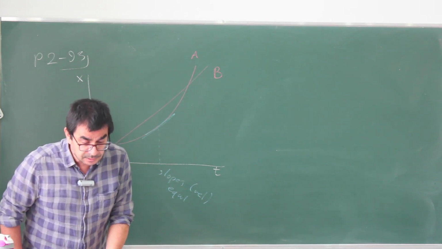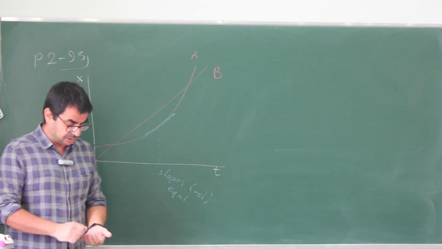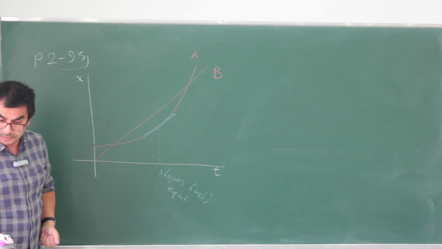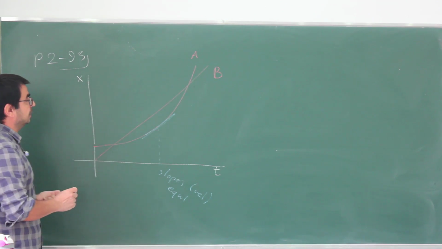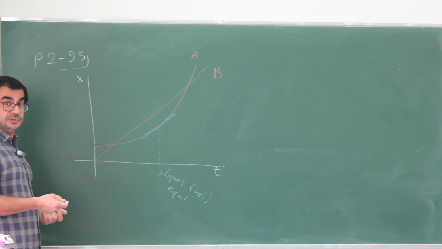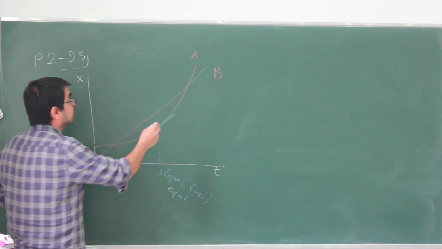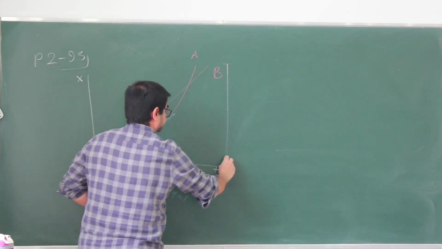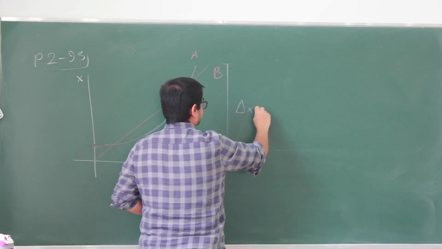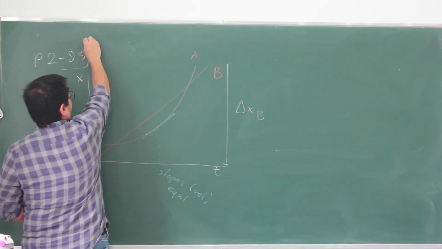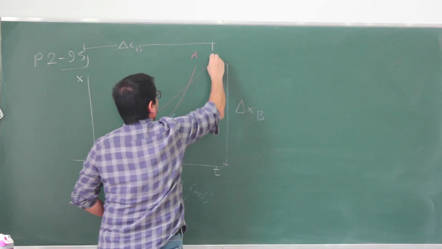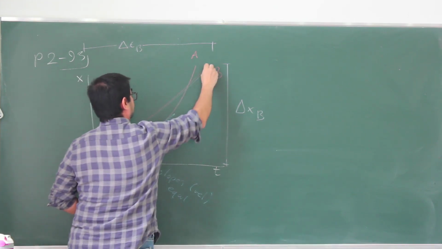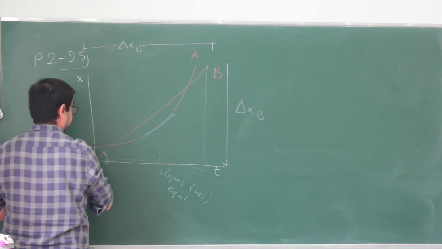Which bicycle has the higher average velocity? Now, that one, let's see if I have another color chalk here. It's very hard to tell this quantitatively, but how would you calculate the average velocity of this one? Well, you would look at delta x B and delta t B. It would actually be the slope over here.